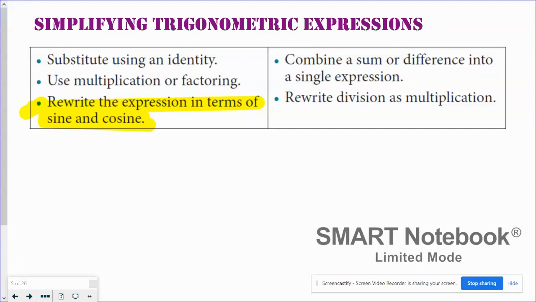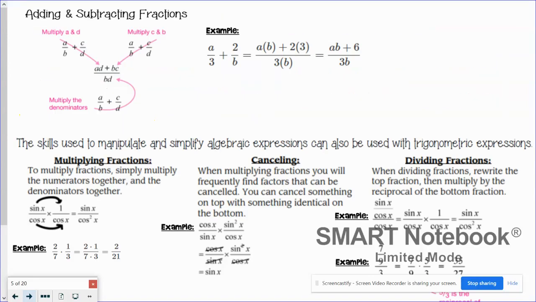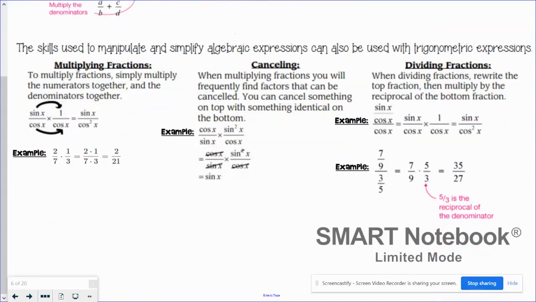It might be possible to combine a sum or a difference into a single expression, or to rewrite division as multiplication. That's just multiplying by the reciprocal. Okay. You've got some other useful pointers in your notes. This is how you multiply fractions. You simply multiply the numerators together and the denominators together.